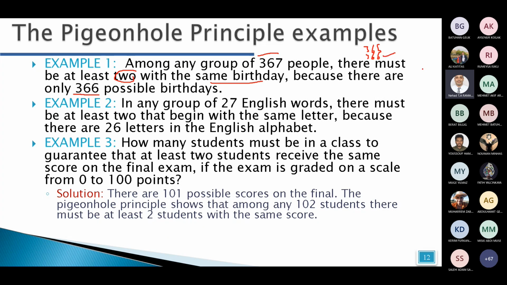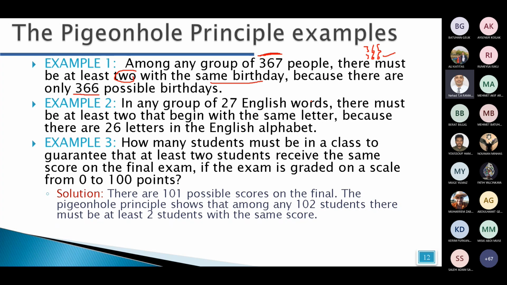Consider 366, the maximum one. So to show that 2 people have the same birthday, we must have 367 people.